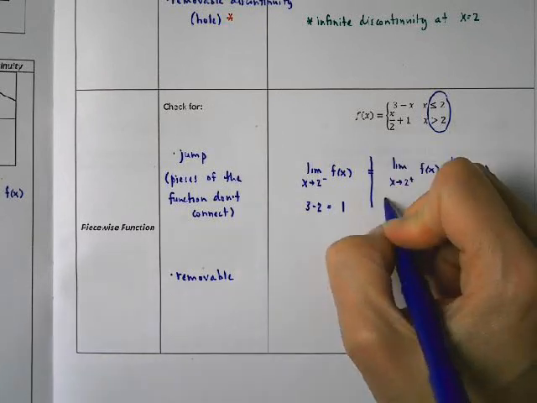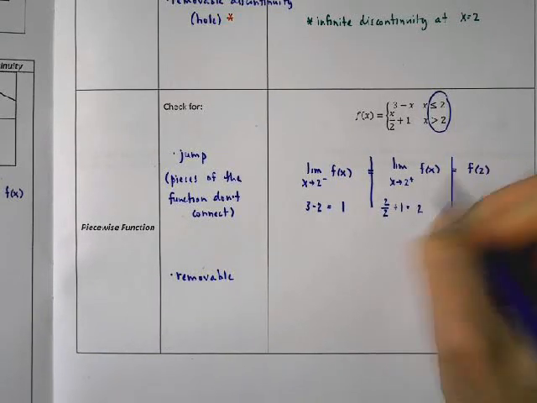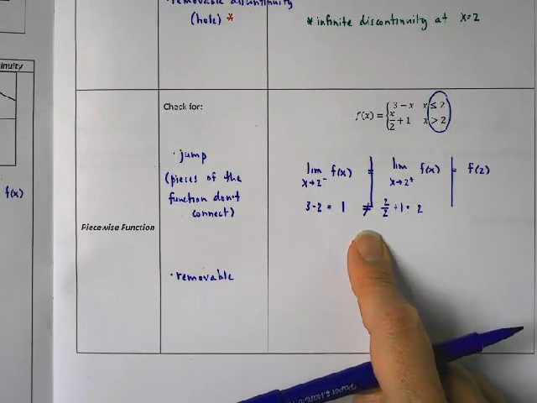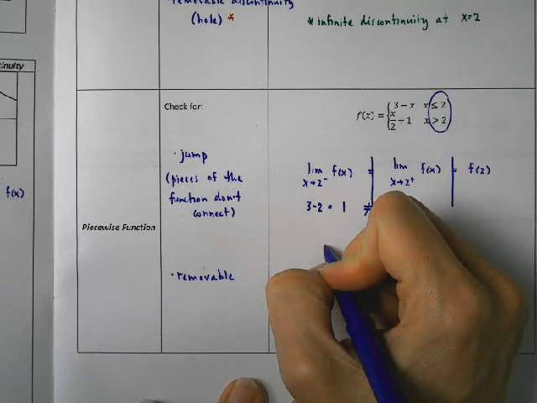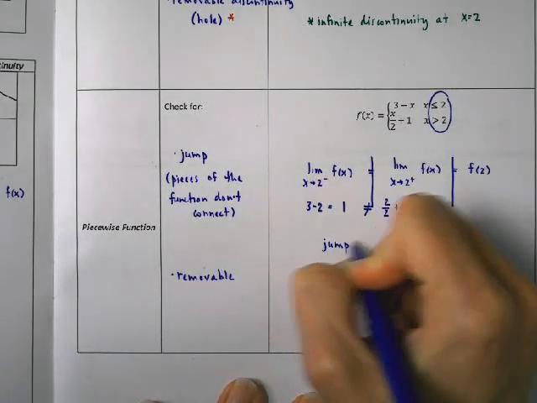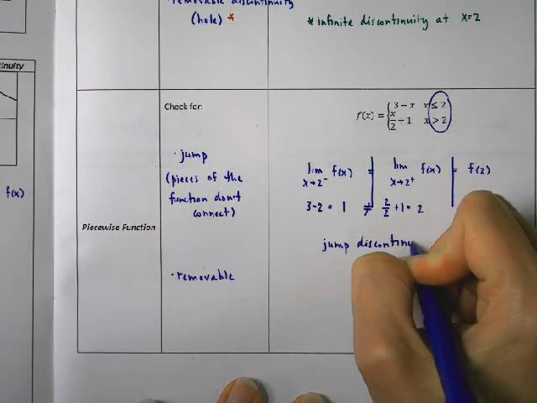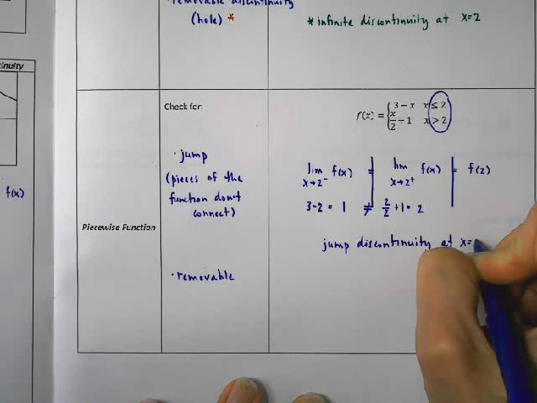So again, I'm going to plug in 2. I get 2 over 2 plus 1, which gives me 2. So I know those two limits are not equal to each other. So I know that I have a jump discontinuity at x equals 2.